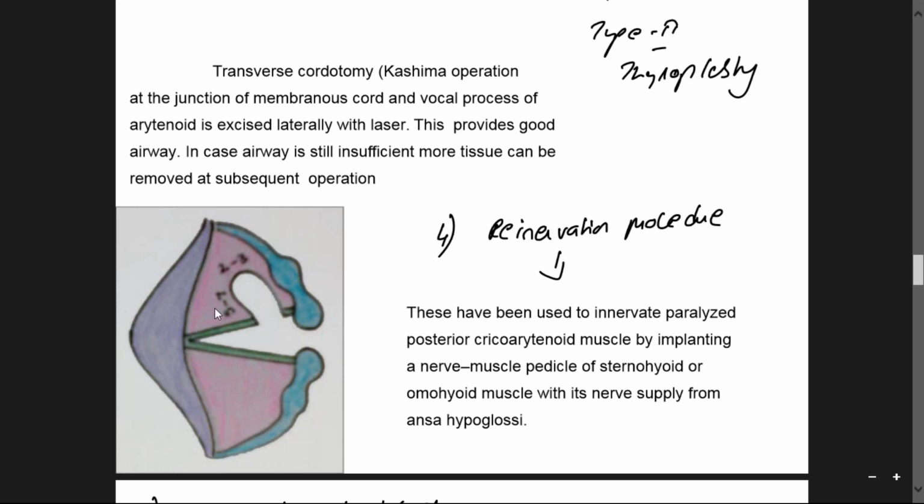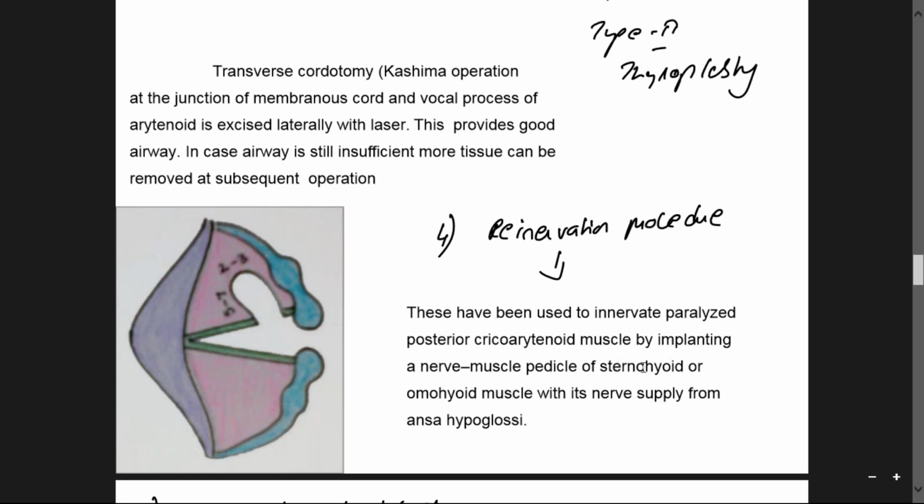So what we try to do is give a muscle that is an abductor. We try to innervate the posterior cricoarytenoid, which has lost its nerve supply, using another nerve or a nerve-muscle pedicle. There is the sternohyoid muscle in the neck, which is a strap muscle.